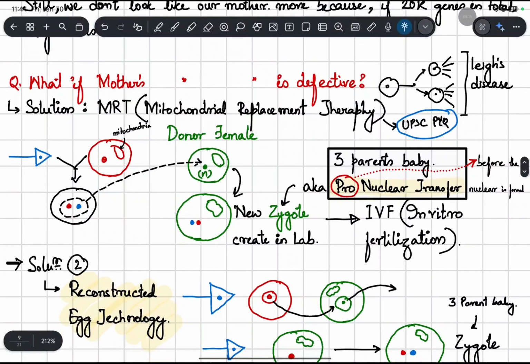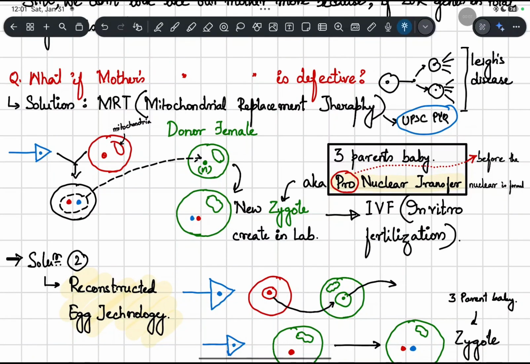So there are two basic systems. Okay, so here we have the sperm cell, and here we have the egg cell, right?